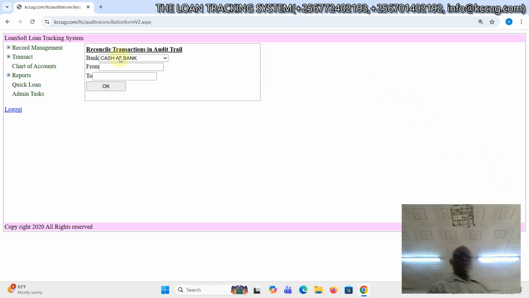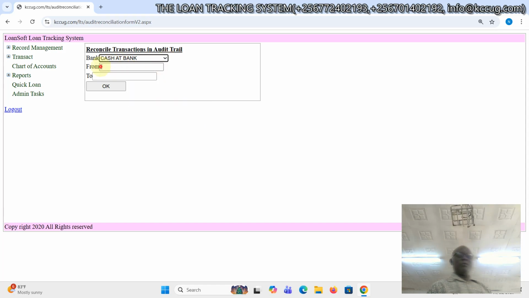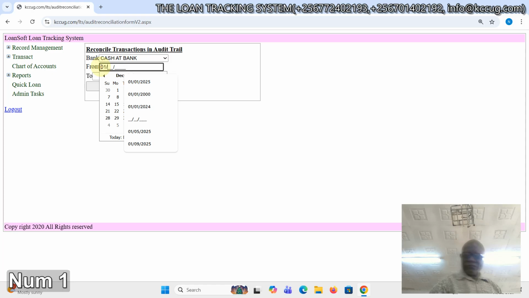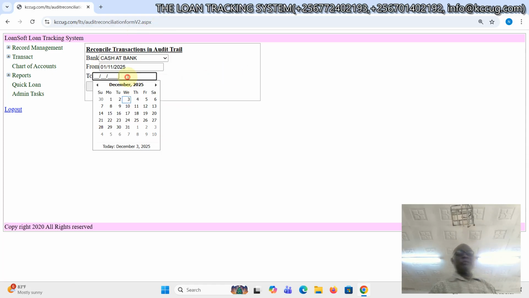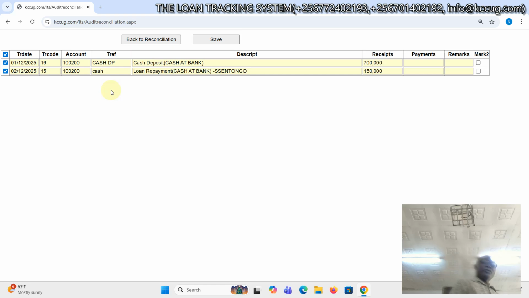Now you select the bank account we are using. You indicate the date range from 1st of November 2025 up, and then click. So what the computer will do is give you all the transactions that have gone to your statement, according to the computer.